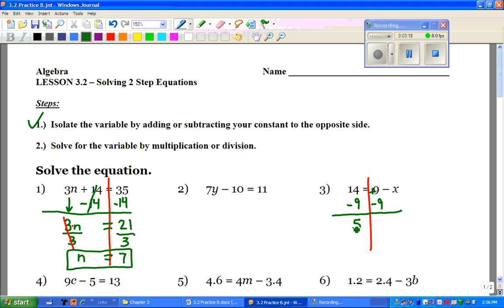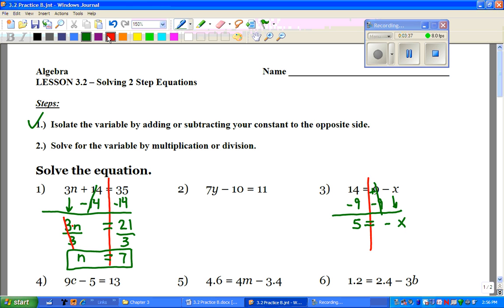And you always want to start on the left-hand side, like reading a book. Bring down your equal sign. Positive 9 minus 9 goes to 0, and then you bring down the negative x.